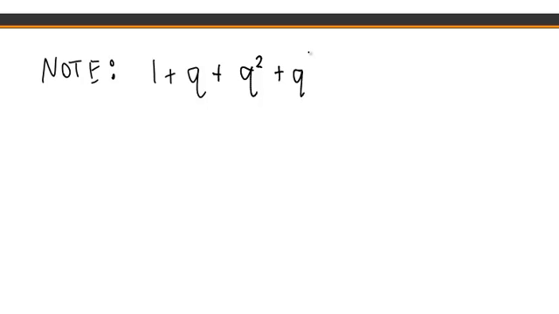So just note, a geometric series is what happens when you start with a 1 and keep multiplying by the same thing over and over. And so it would tend to look like this: 1 plus q plus q squared plus q cubed plus blah blah blah plus, and it will stop at some point. Okay, that's a geometric series.